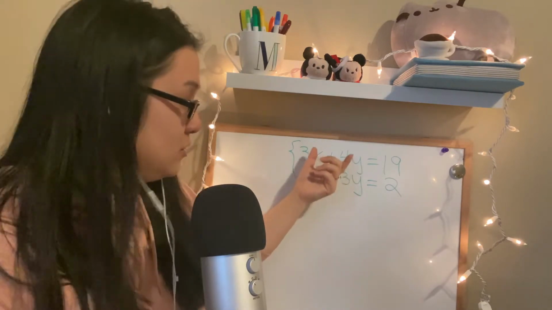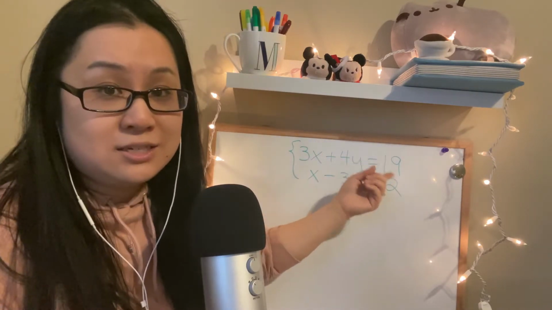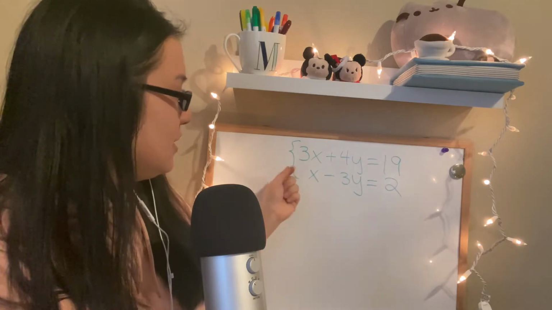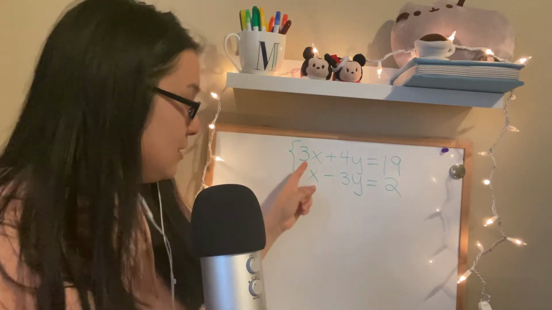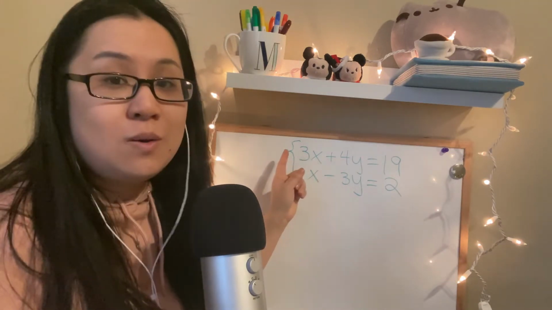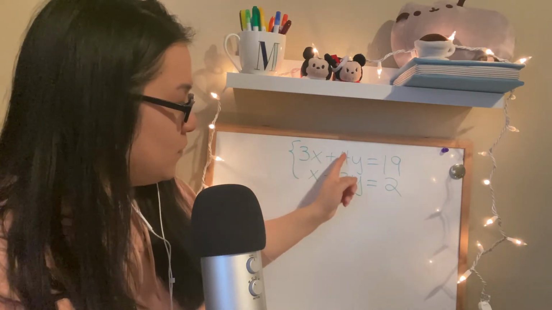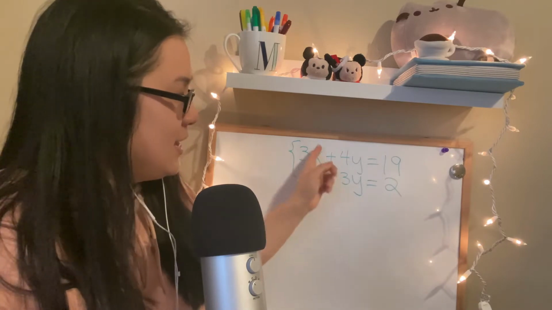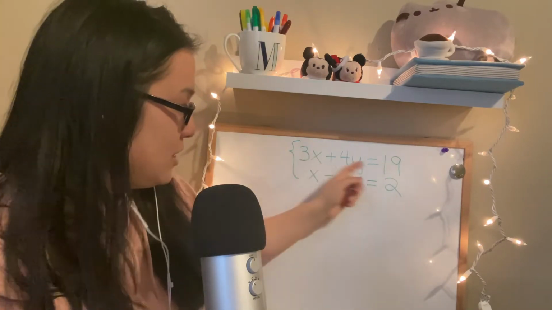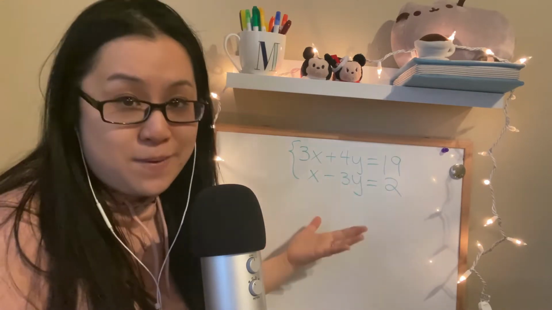If you plug those values in, you will get that it indeed is 19. But if I set x equals 1, then 3 times 1 is 3, plus 4y equals 19, and just doing a little bit of the algebra, I would get y is 4.